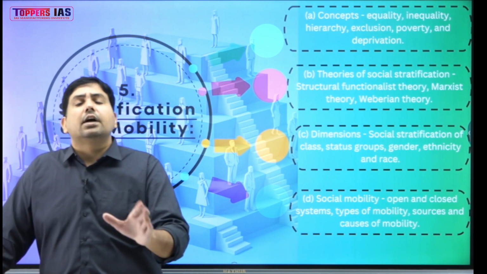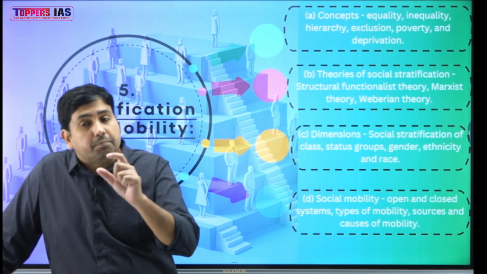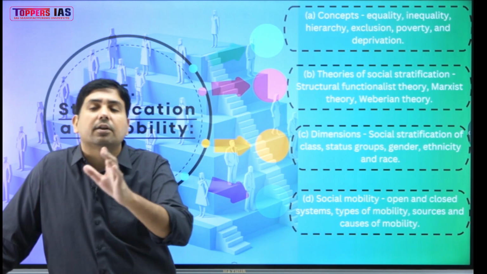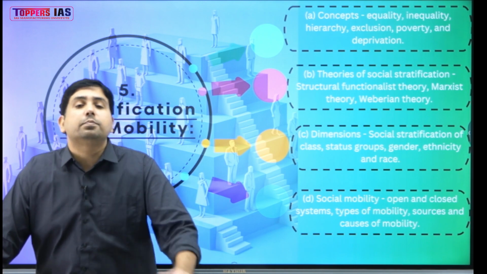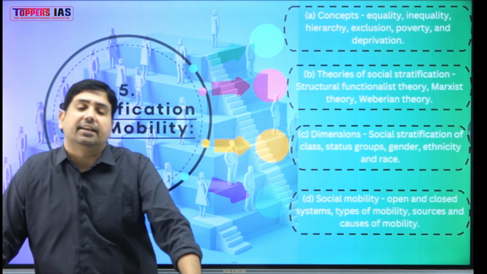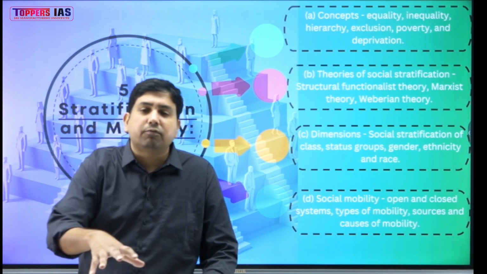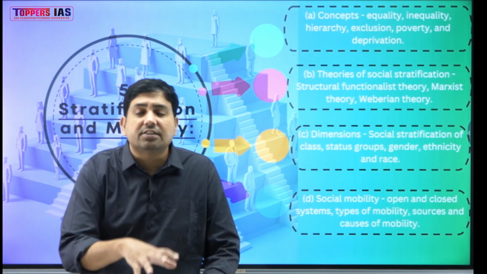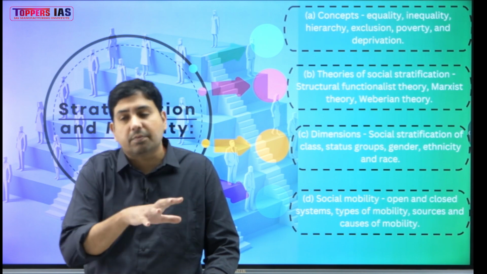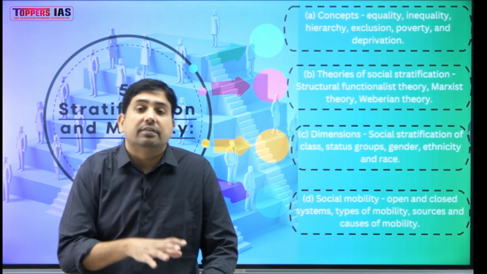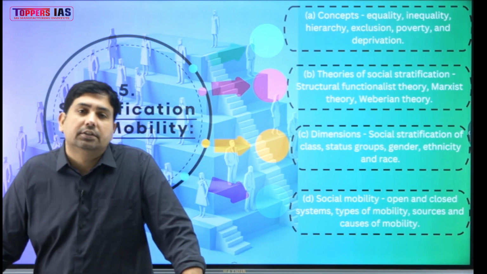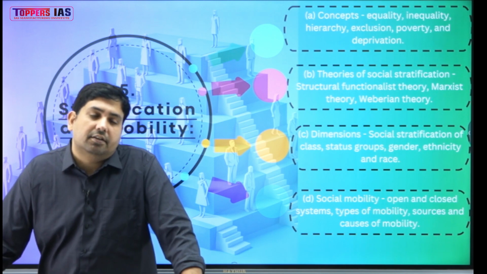On the basis of wealth, power and prestige, groups are arranged in a hierarchy. If we take an example from our Indian society, the traditional caste system in India is an example of stratification. Okay now?